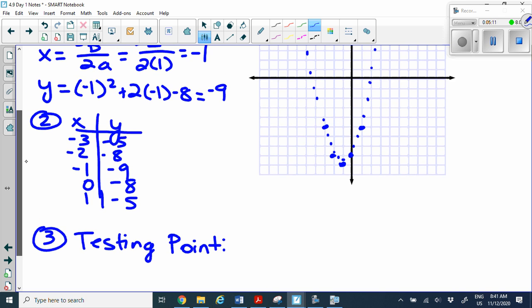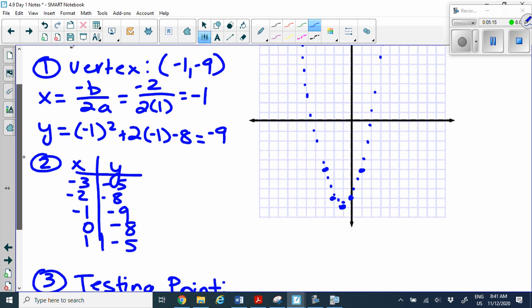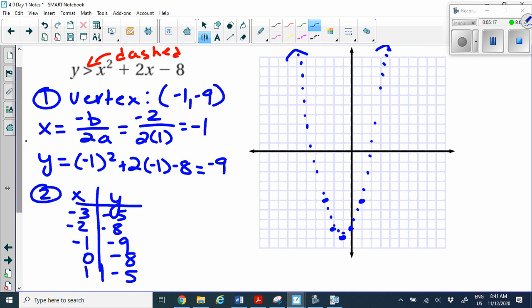Pick a test point that is not on the parabola itself. I would suggest always picking a point that is inside the parabola. The easiest point to use would probably be 0, 0. Notice 0, 0 is not on our parabola, so we can use that as a testing point.